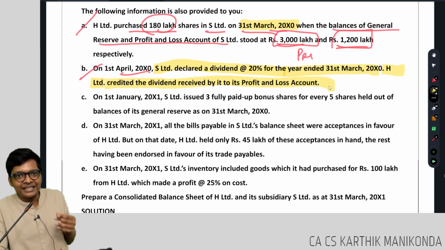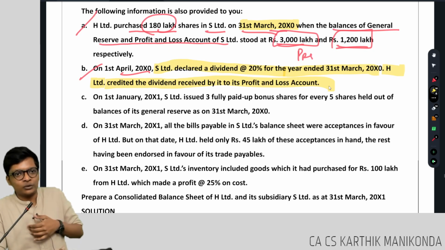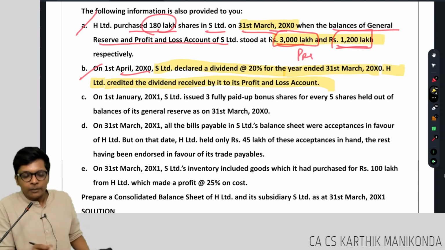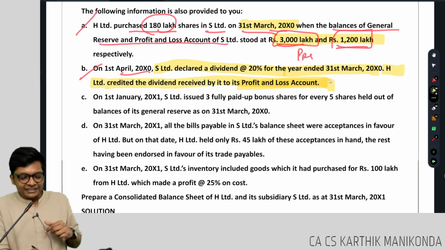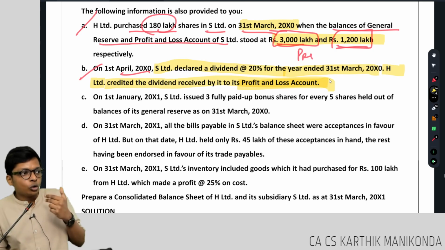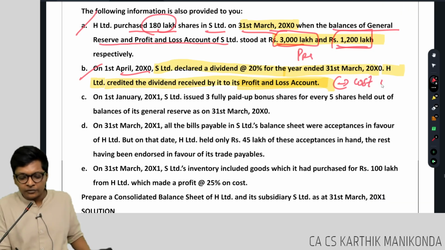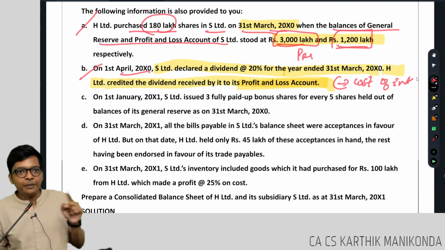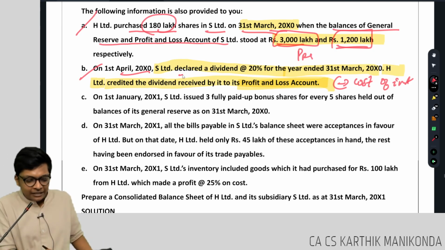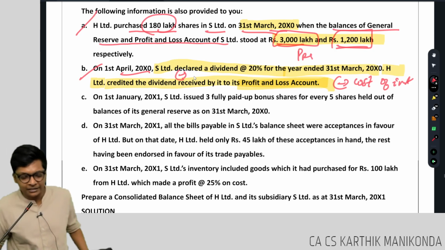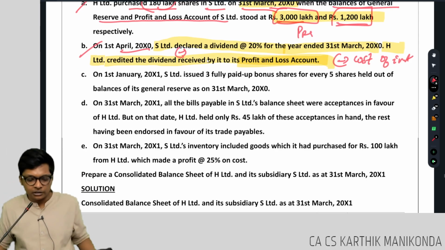It's declared immediately, the next day after acquisition. That means it's declared out of pre-acquisition, previous year profits, and they credited the profit and loss account, which is wrong. So you have to reverse it, rectification. You have to reduce it from cost of investment. I will reduce it from reserves of the holding company, because they credited it.